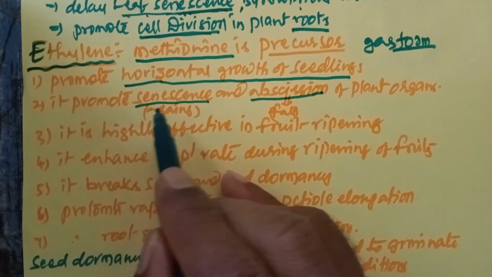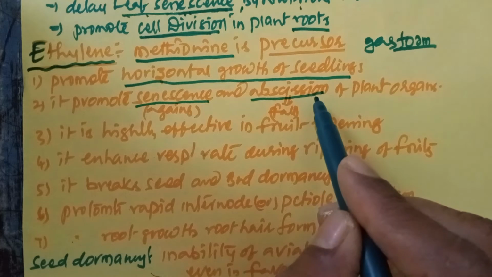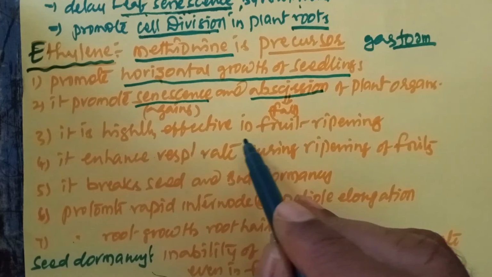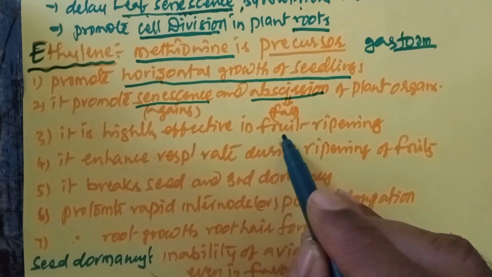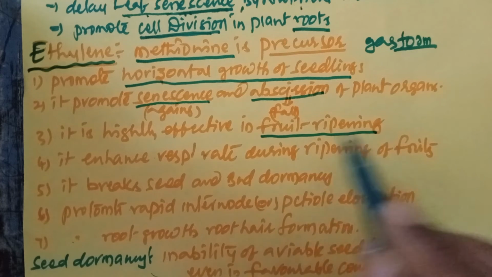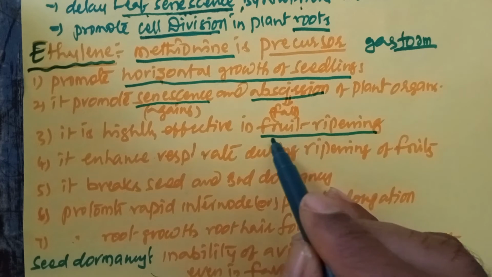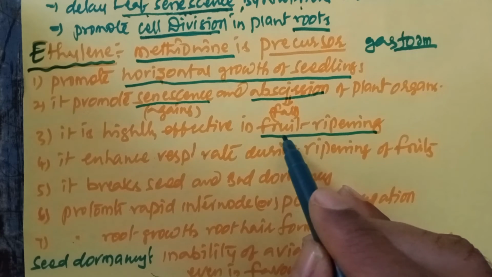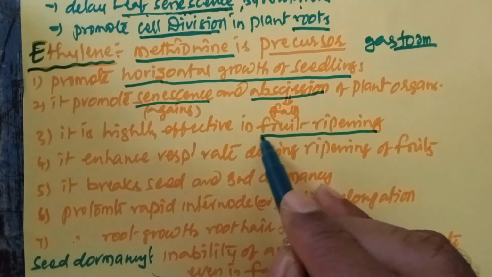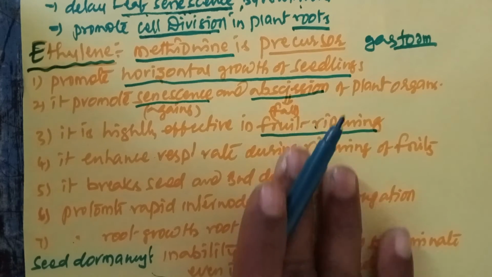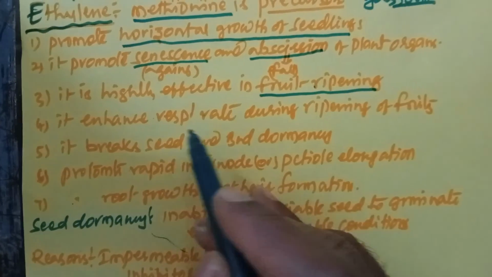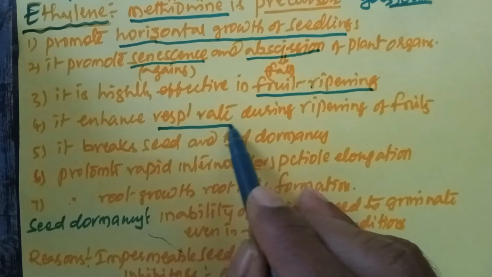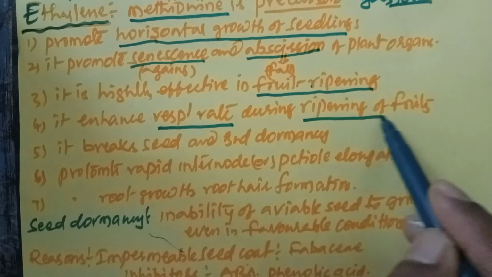So ethylene promotes senescence as well as abscission, and it is also highly effective in fruit ripening. Fruit ripening means the younger fruits attain maturity. Fruit ripening is mainly affected by the release of ethylene, and it also enhances respiratory rate during ripening of fruits.